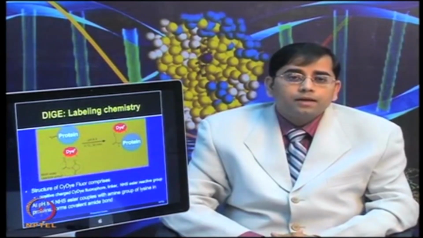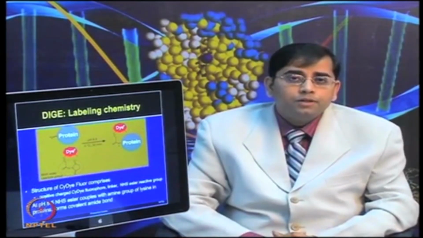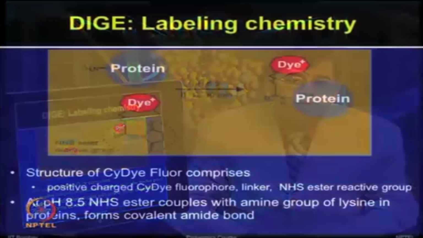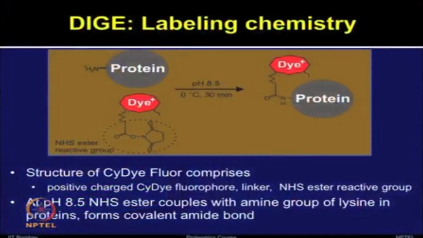Now, in this slide I will describe the labeling chemistry. As you can see in the structure here, the structure of Psi difluor comprises a positively charged Psi difluorophore, a linker, and an NHS ester reactive group.